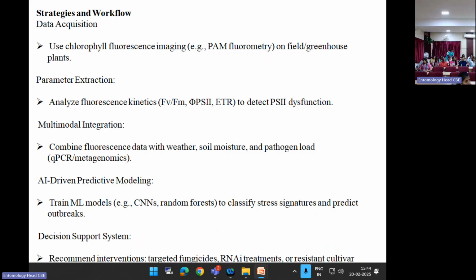So if you look at the workflow, first we have data acquisition. That is, we take quantitative measures. That is, we measure numerical values like Fv/Fm or quantum yield. We have a plant in optimum conditions. That is, in optimum environmental conditions, it has a quantum efficiency of 0.7.